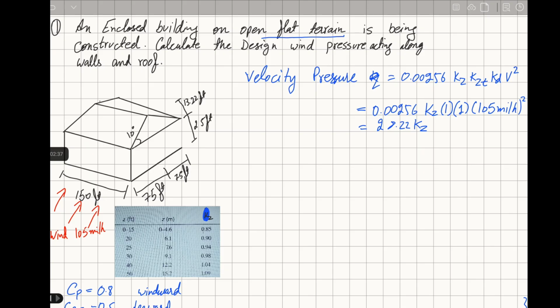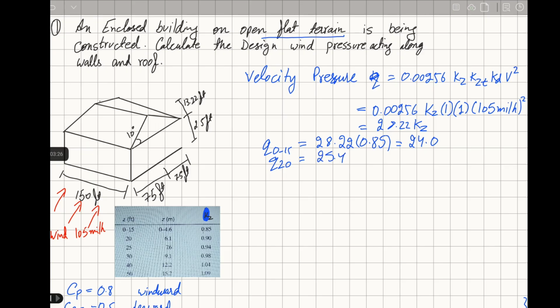And because we already know our velocity pressure exposure coefficients from the values given to us, we can calculate our velocity pressure right away. First of all, we can calculate for 0 to 15 feet on the windward side of the wall. Using the velocity pressure exposure coefficient, which is 0.85, we get the value 24.4. Similarly, for the next height, we get 25.4.